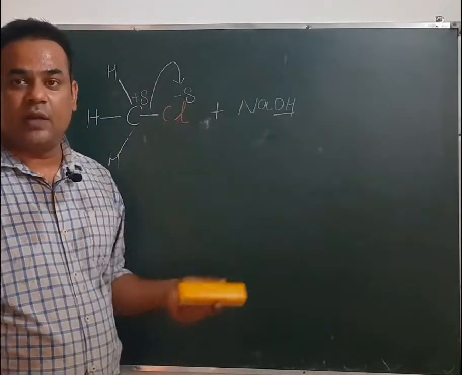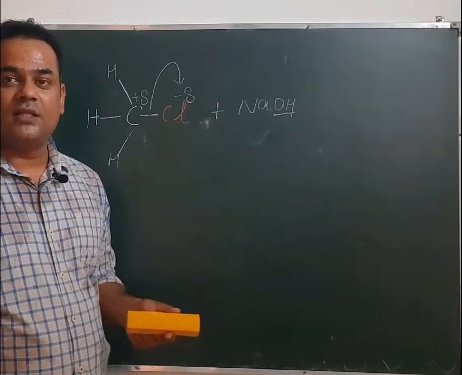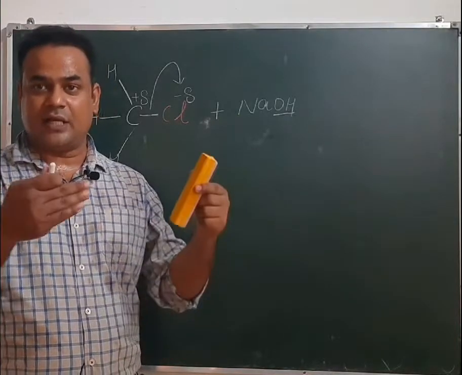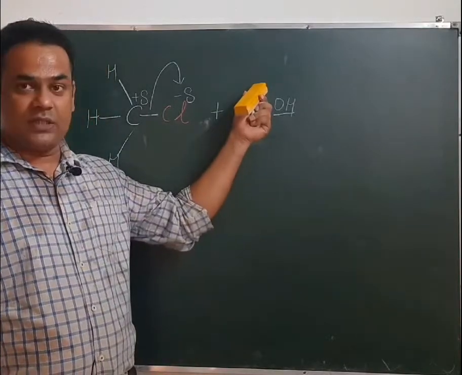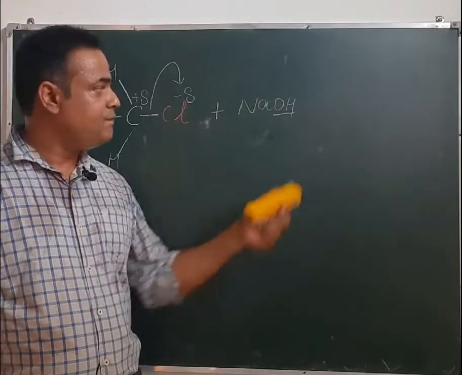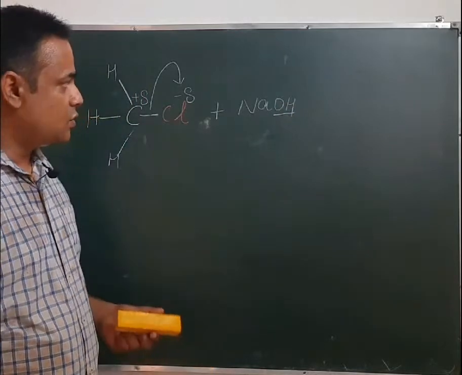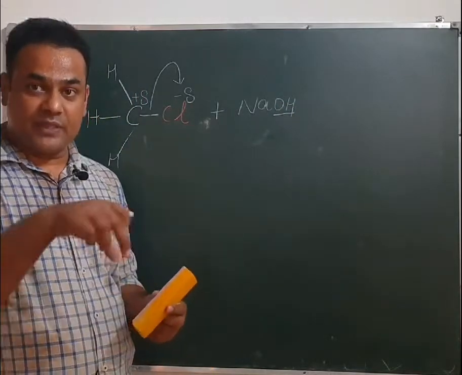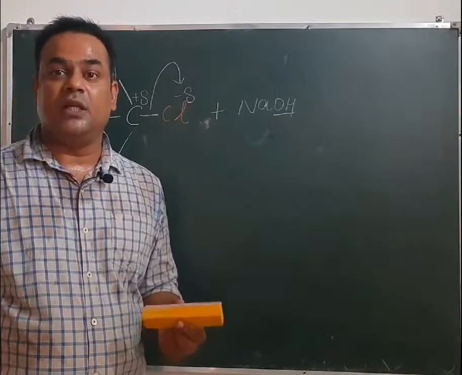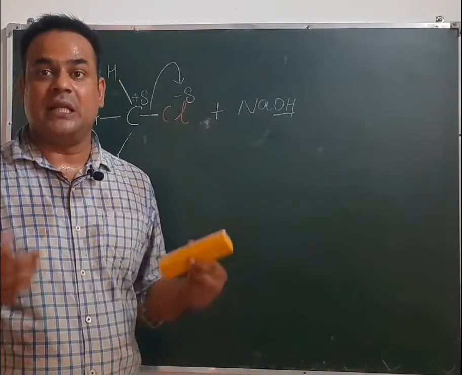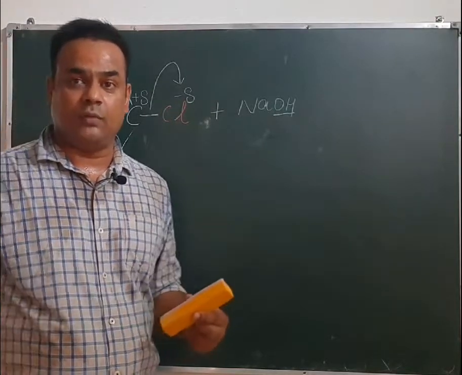Any species which is acquiring positive charge cannot behave as a nucleophile, because in nature like charges will always repel each other, never attract each other. So positive charge will be acquired by the sodium atom and negative charge by the hydroxide ion. Out of Na plus and OH minus present in the solution, only OH minus, being negatively charged, will behave as a nucleophile, nucleus lover.